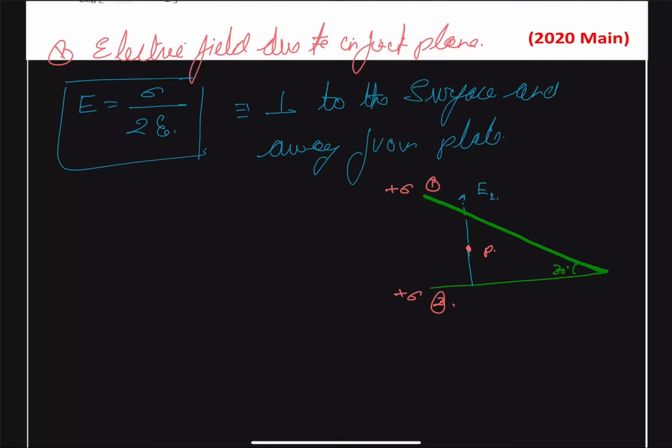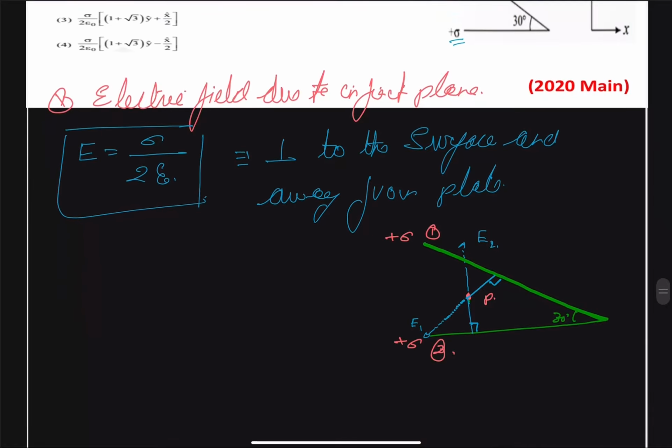So this is our perpendicular here and this is the perpendicular here. In this case the electric field will be in this direction. Let us suppose that is our E1, and we have to find the net electric field in the region.